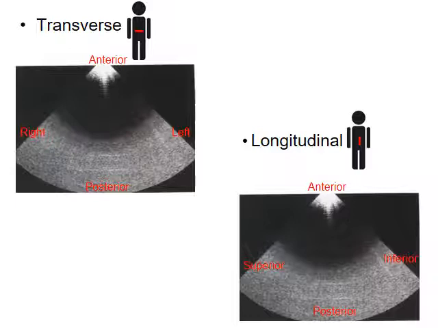Now let's think of our sound wave now. It's still going anterior to posterior from the front skin to the back, so we've still got anterior to posterior on our image, but this time the top of the transducer is superior towards the head and the bottom of the transducer is inferior towards the feet.